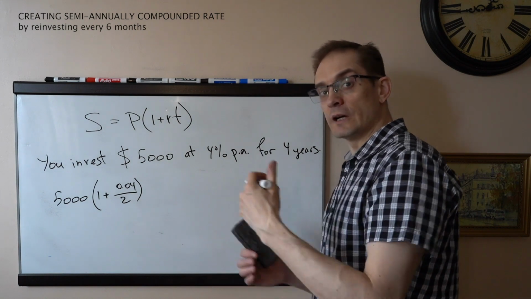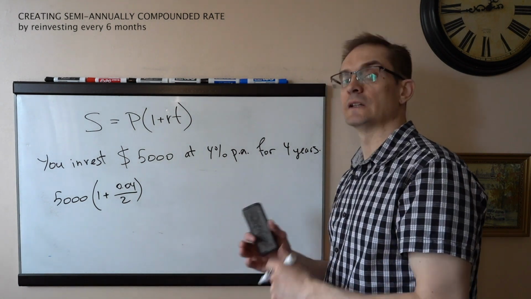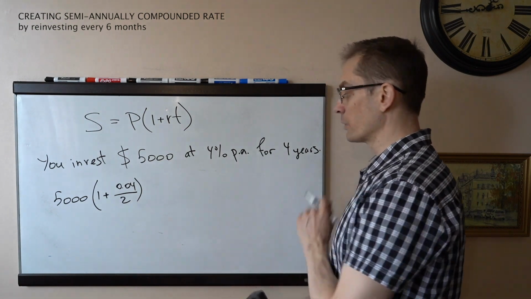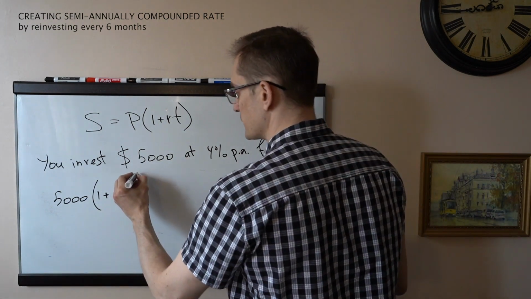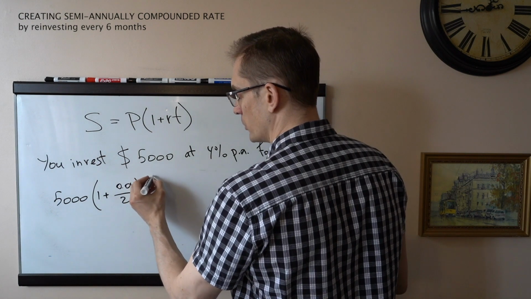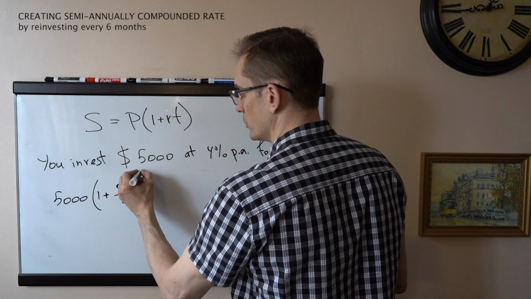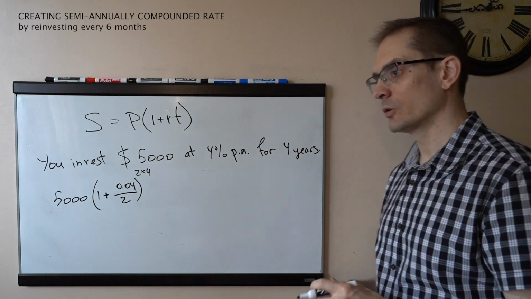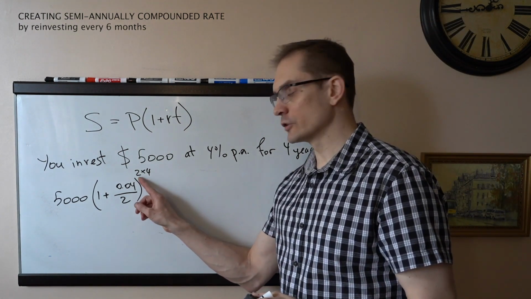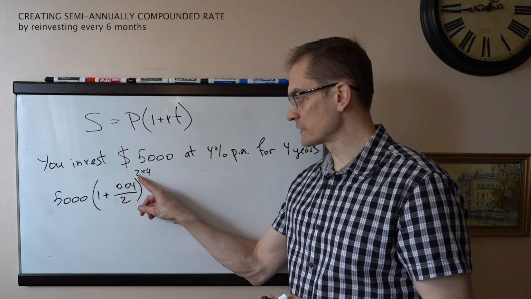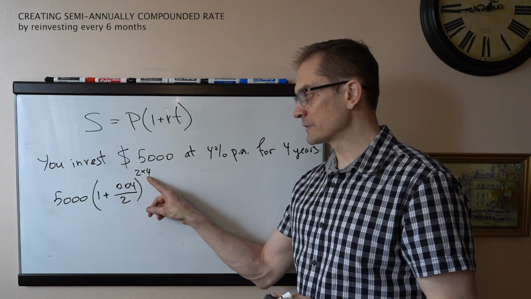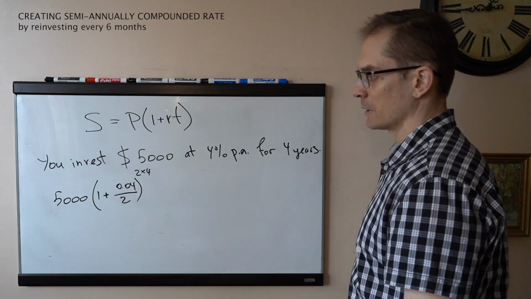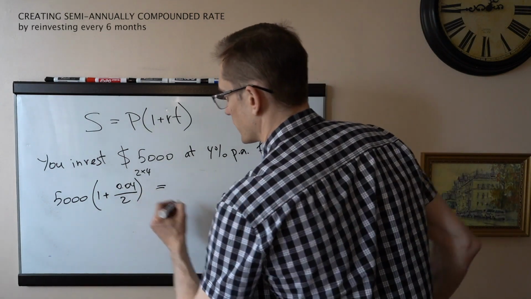Then you would reinvest that amount for another half year and another half year and another half year for 4 years, right? So as your exponent, you will have 2 times 4. Why? Because you reinvest 2 times per year, so this is 2, and you continue that process for 4 years. Okay, so let's see what happens in this case.